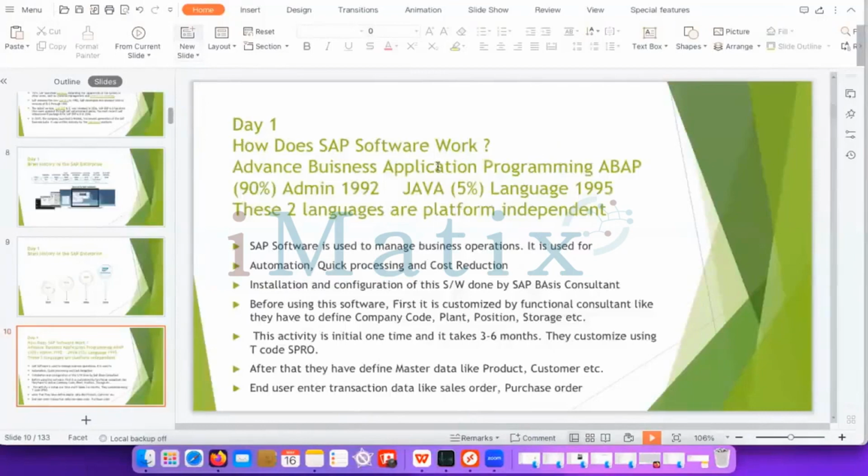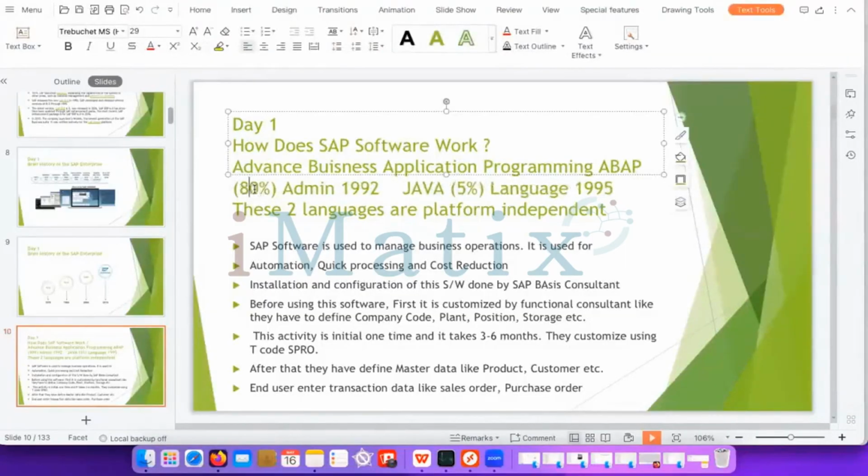How does SAP software work? We have ABAP, Advanced Business Application Programming Language, and you can say 8% Java. These are the languages in which they have developed.